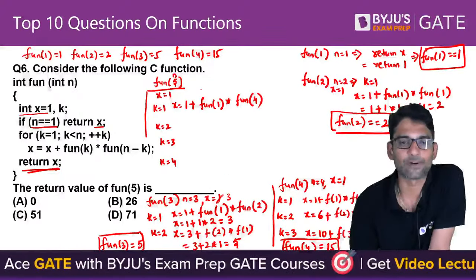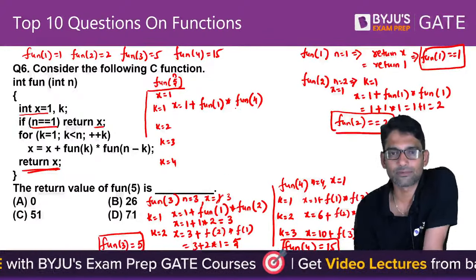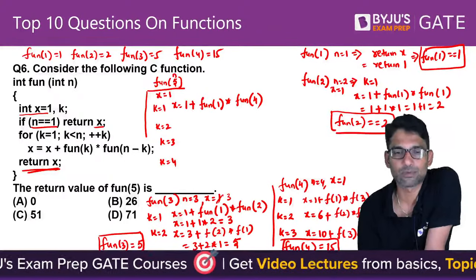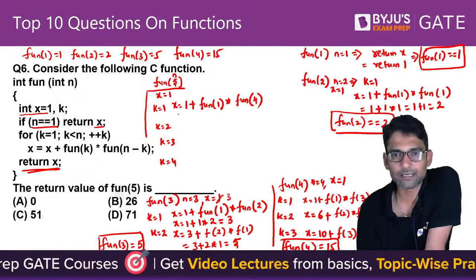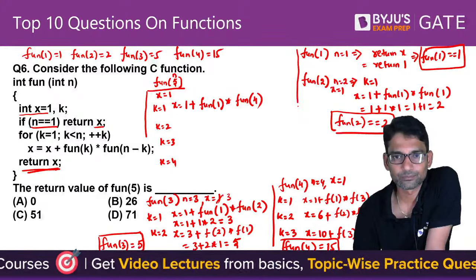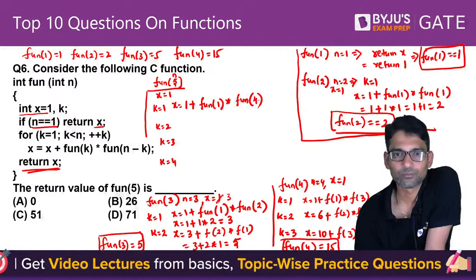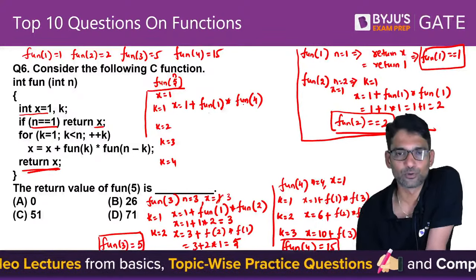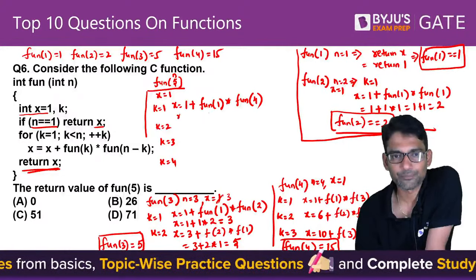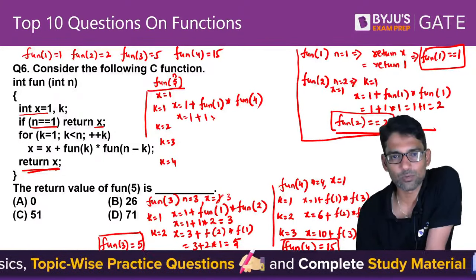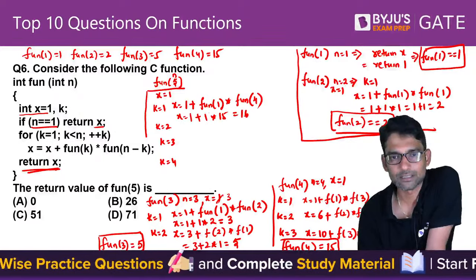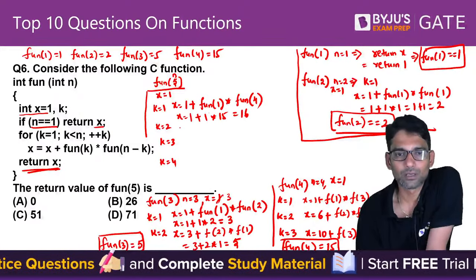Fun of 5, which is x. We have already done it, waiting for these values. So here x is equal to fun of 1 into 4, that is 1 plus 1 into 15, 16. Now k becomes 2.